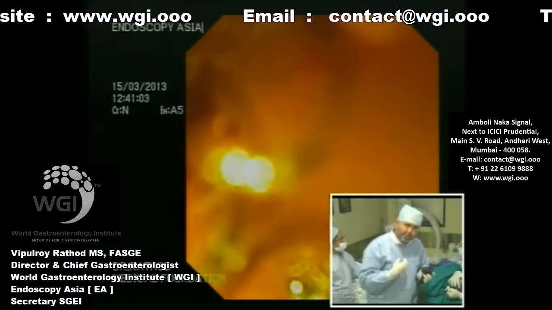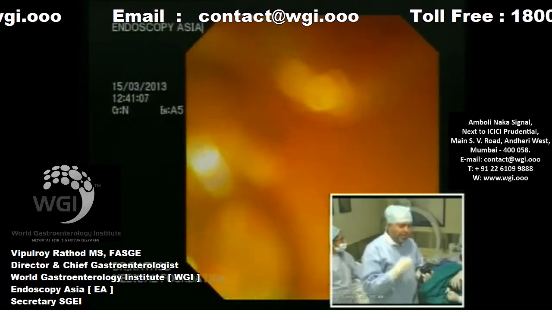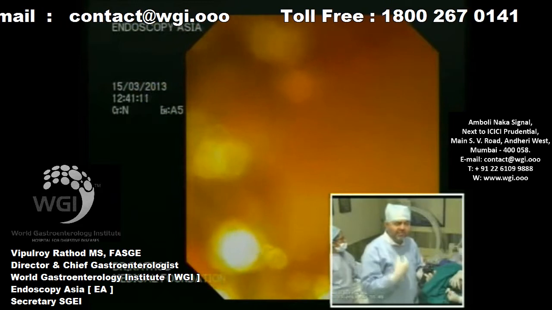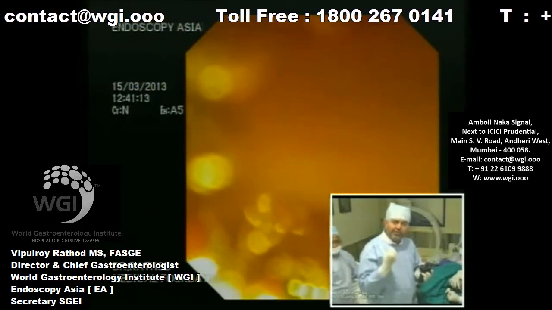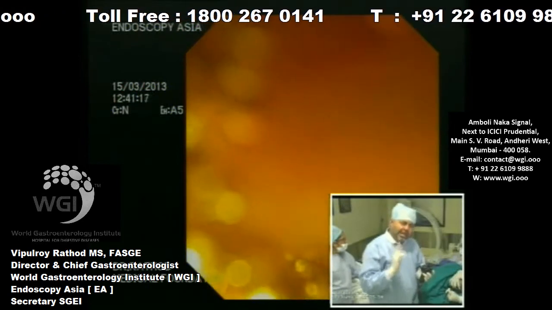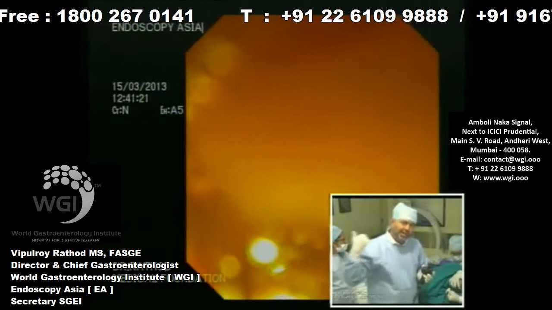I prefer to use a 22 gauge needle. A lot of people would argue that you cannot get histological material, but contrary to what most people believe, we have seen a fairly good amount of histological material can be obtained with a 22 gauge. Very rarely we use a 19 gauge needle, if the lesion is in the body or the tail of the pancreas.